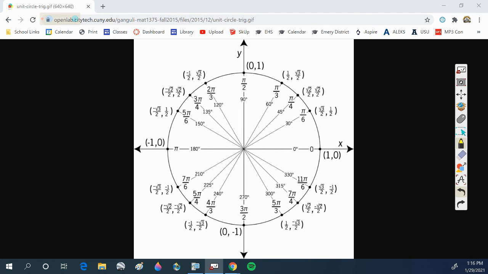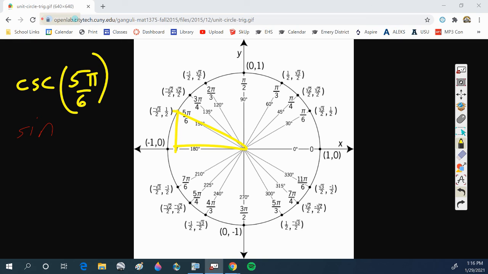What is the cosecant of 5 pi over 6? So we find 5 pi over 6, draw a triangle, and the cosecant is the opposite of the sine.